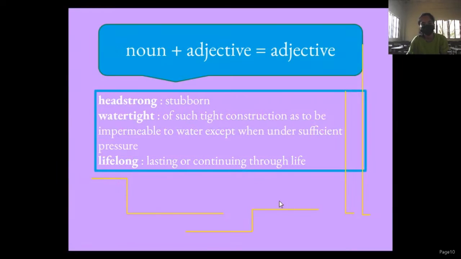So, as I've said earlier, the rightmost word of a compound will determine the head of the compound word. Headstrong: stubborn. Watertight: of such tight construction as to be impermeable to water except when under sufficient pressure. Lifelong: lasting or continuing through life.